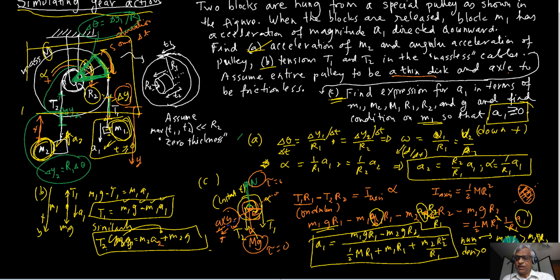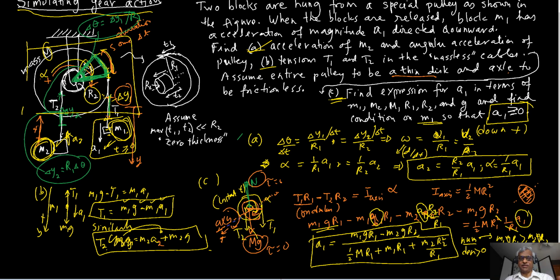So as long as m1 r1 is greater than or equal to m2 r2, that should be fine. So this is like a ratio of the two lever arms, right?